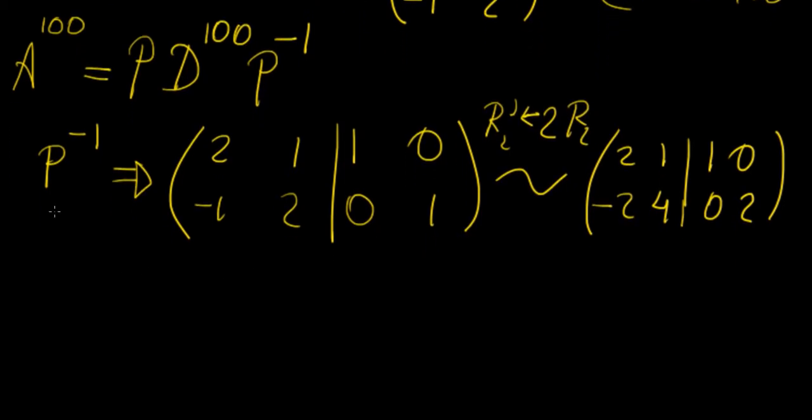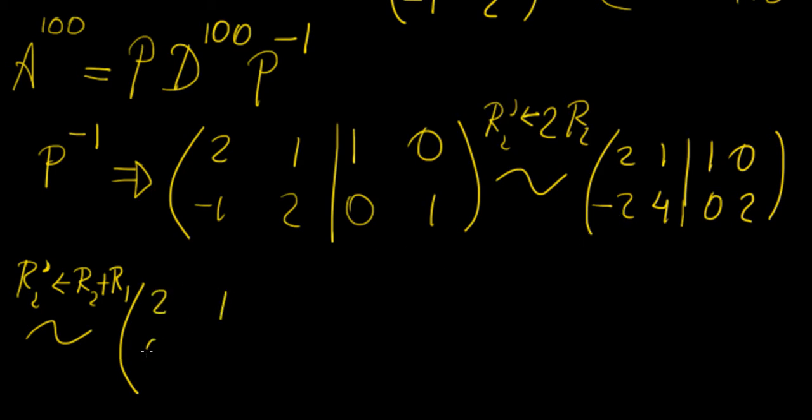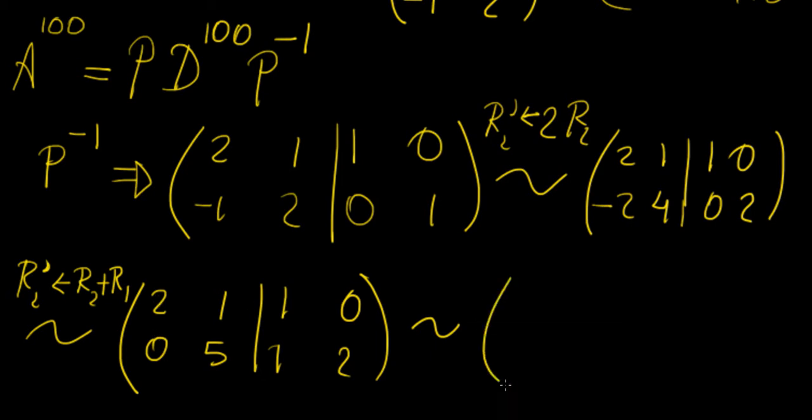Now for the second operation, row 2 is going to be R2 plus R1. So we're going to add this row to this row, so we get 2, 1, 0, 5, then 1, 0, 1, 2. Essentially we're just getting a 0 here, so that then we can get our pivot elements.